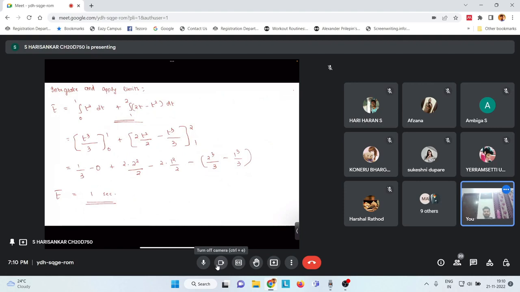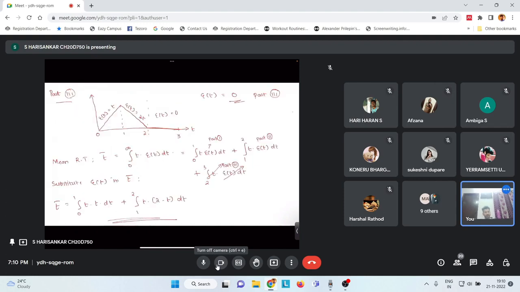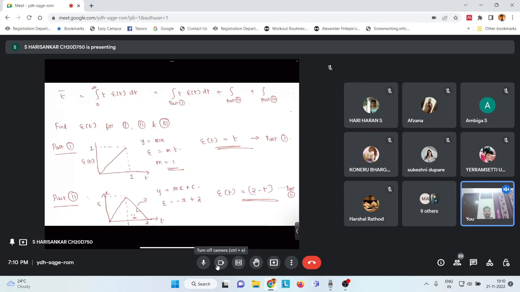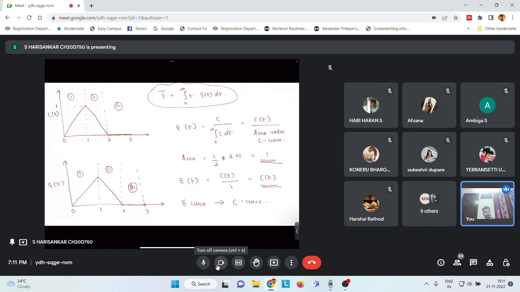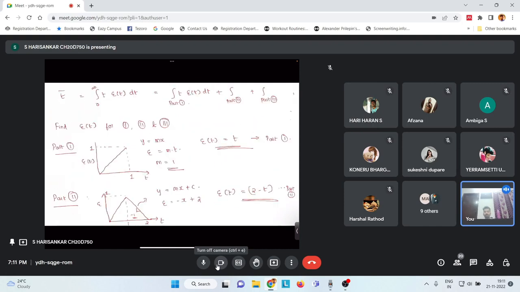Okay, this is slightly an elaborate process, I know, but this is one of the standard methods to do it. Since you can divide your residence time distribution into three different parts, you just divide it into three parts and find equations for E of t.